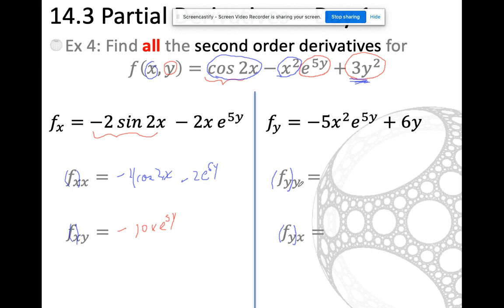So first I took the derivative with respect to y, which means I'm holding x constant. So this negative 5x squared is going to stay. And then I'm just going to take the derivative of e to the 5y. The derivative of 6y with respect to y is just 6.